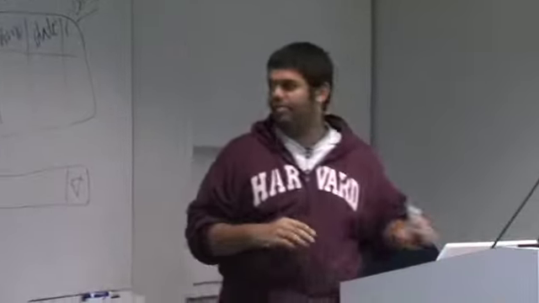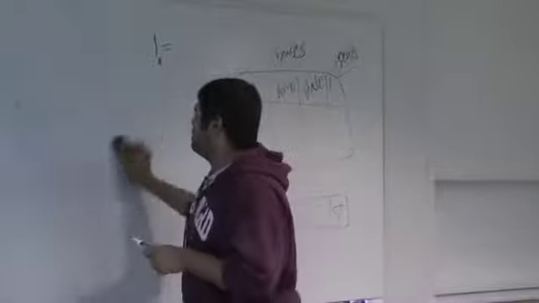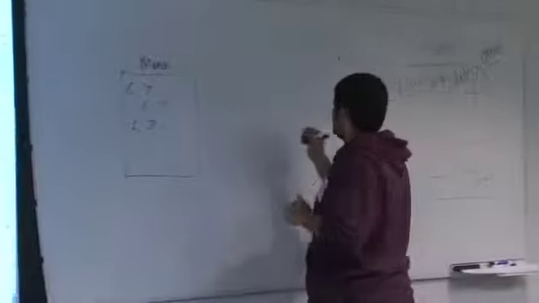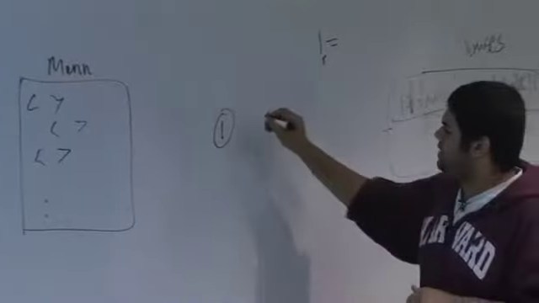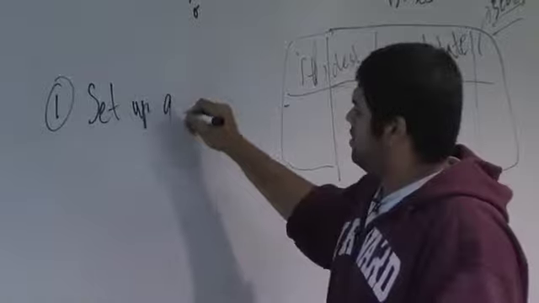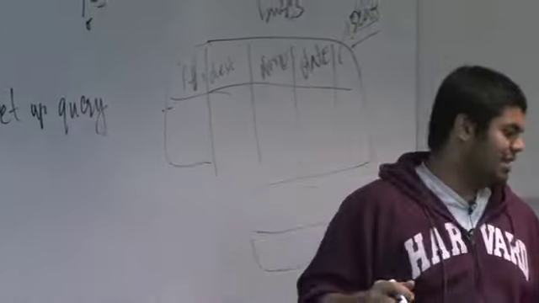The first thing we're doing is setting up the query. Let me actually write this out, because this is probably always a model that you want to follow. The first part is set up the query. In this case, it was a line that says $SQL equals select star from.